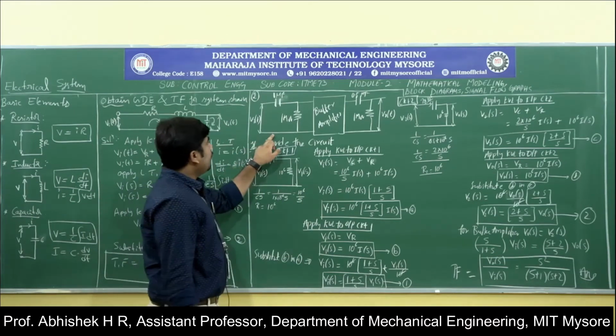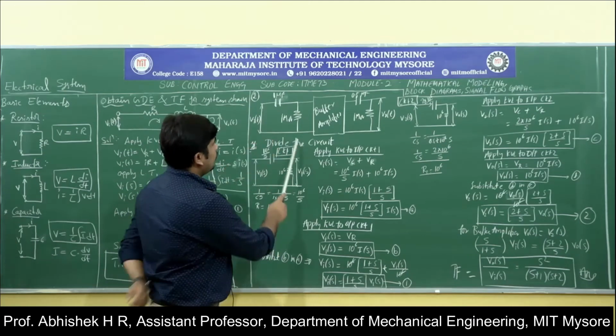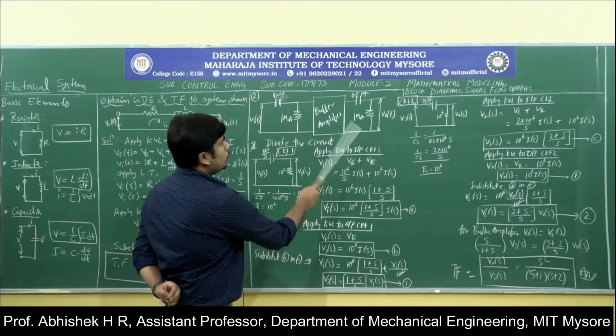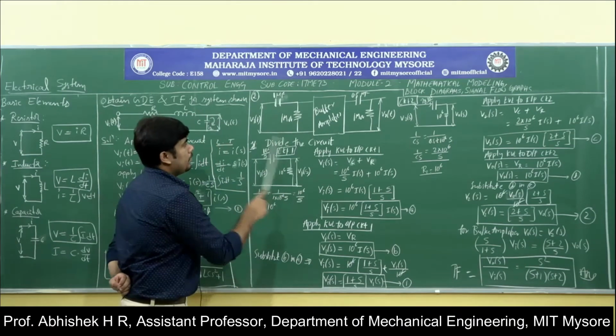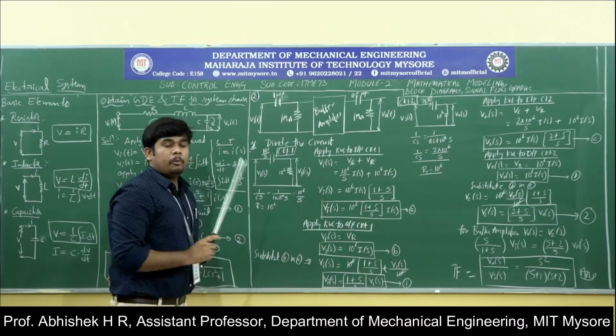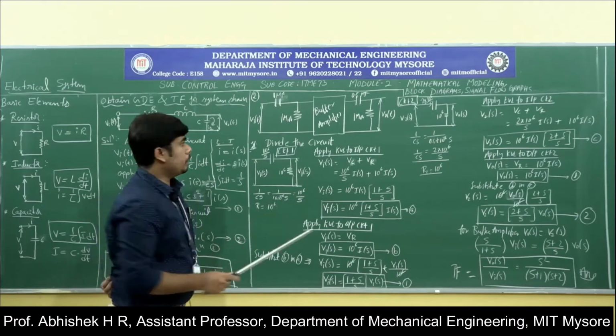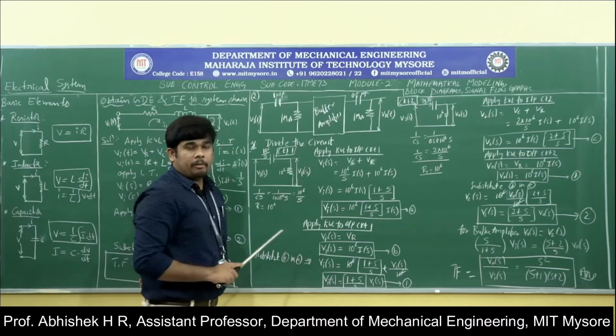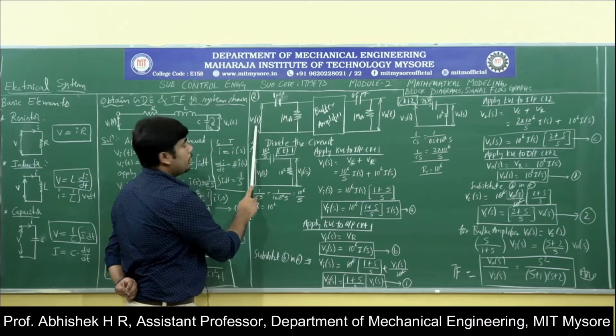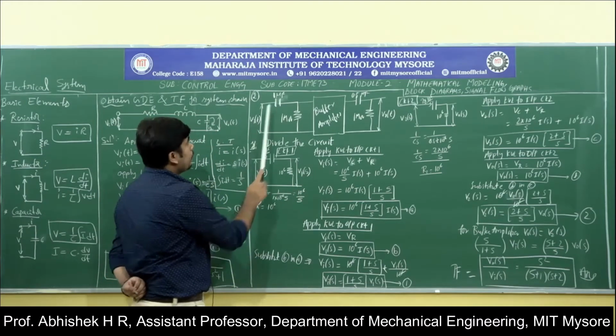So, in the given problem, see, there are two circuits here. It is a complete circuit, but I am going to divide it into two circuits. In between we have a buffer amplifier. Here we have an input voltage.